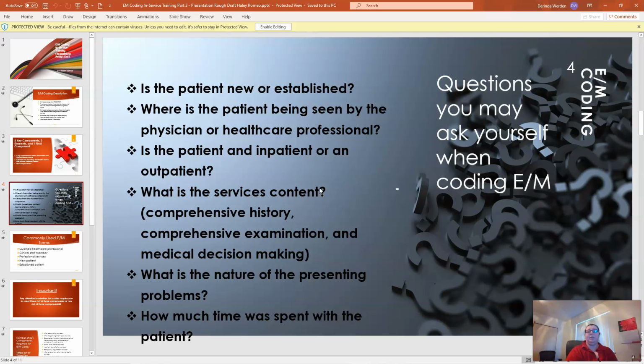So it's important that you are able to capture with your PowerPoint presentation as well as your E&M tool all the various services that utilize this kind of coding with the history, the exam, the medical decision making, and time, that are not only office outpatient, but also those inpatient services as well.